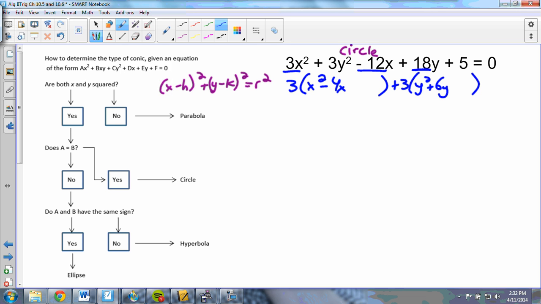So I just grab those two, and I'm going to move that 5 over. I just subtracted 5 from both sides. Well, over here I have -4. -4 divided by 2 is -2, and -2 squared is 4, so I'm adding a 4 here. But it's really like I added a 12.